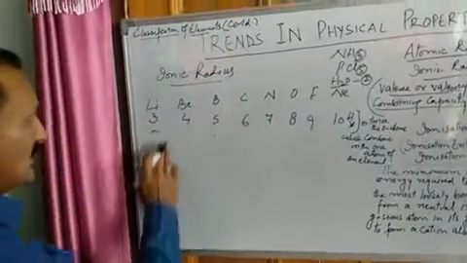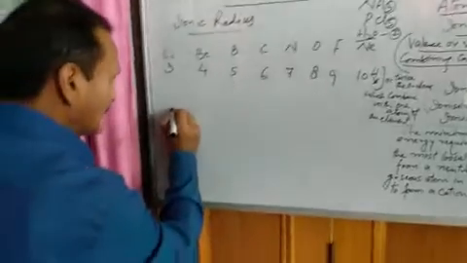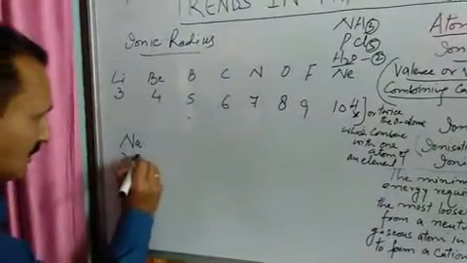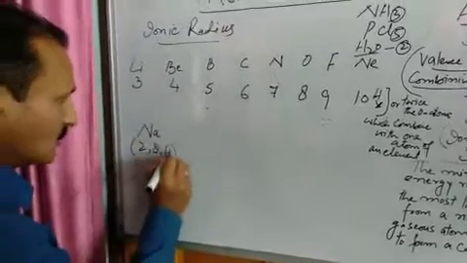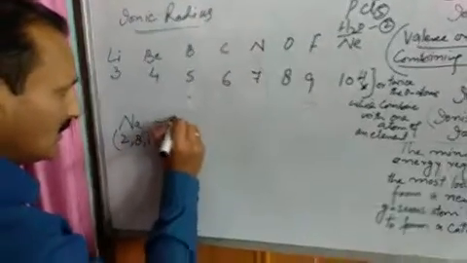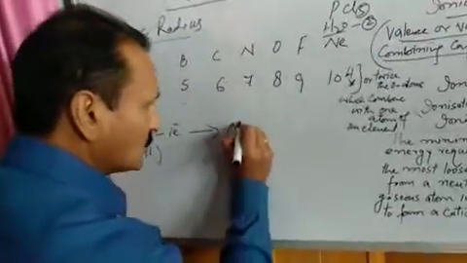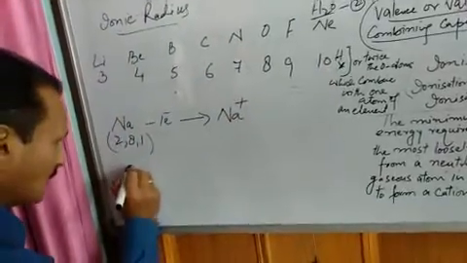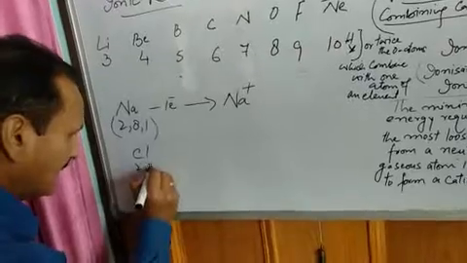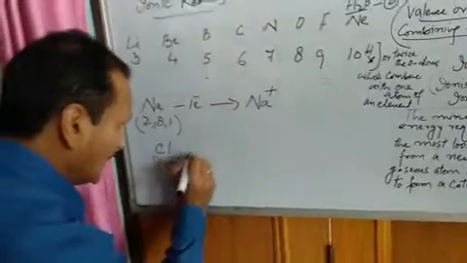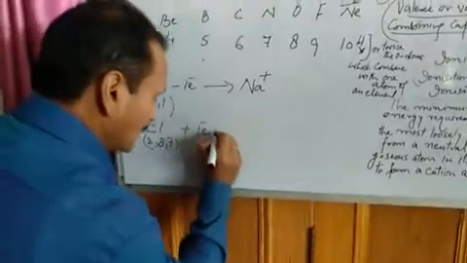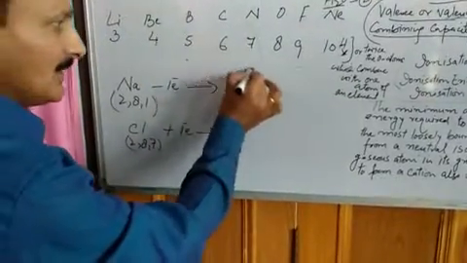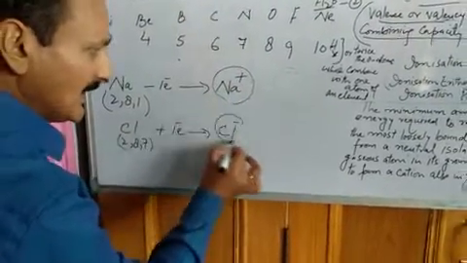For example, if this is sodium, atomic number 11, electronic configuration 2,8,1, and it loses one electron, it forms a sodium ion. This is an ion. Similarly, if this is chlorine, atomic number 17, electronic configuration 2,8,7, it gains one electron to acquire stability and form a chloride ion. So this is the sodium ion and this is the chloride ion.